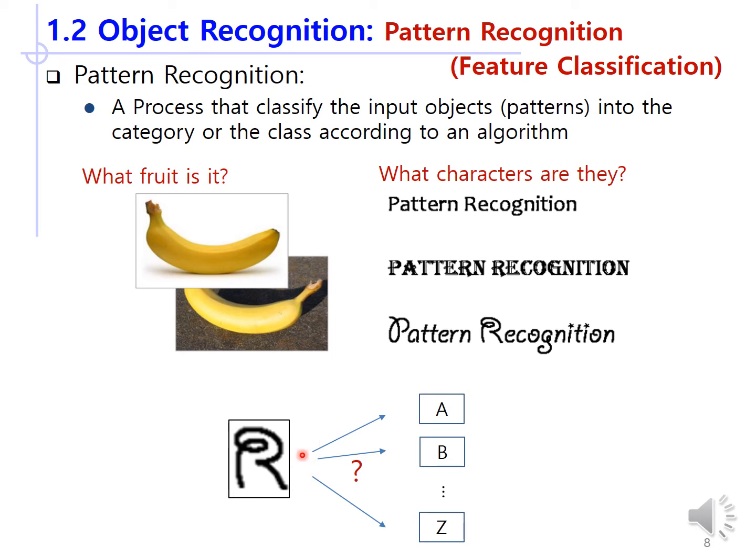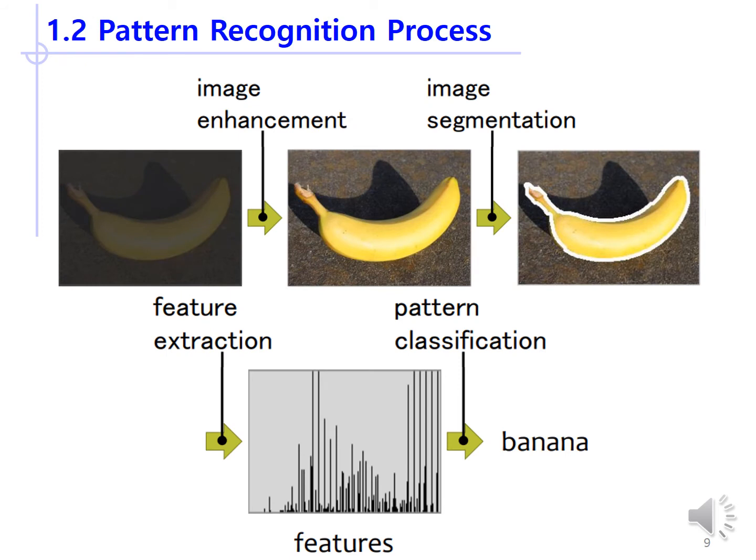You need to extract the feature that describes R. Then you can classify that pattern into one of the 26 alphabet groups. That is the pattern recognition, or feature classification, or object recognition process.